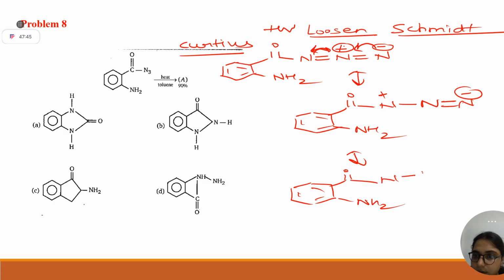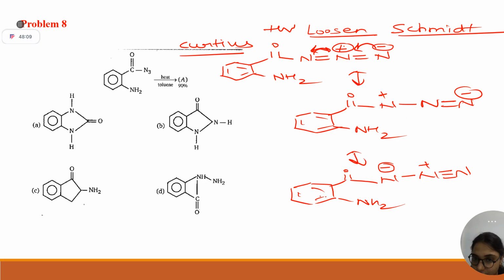Now it is good because in a resonating structure the net charge should be the same. In the starting material the net charge is 0, so in the resonating form also your net charge should be 0.